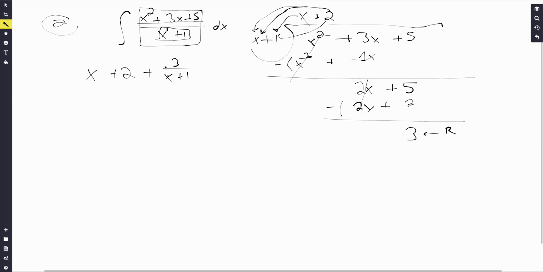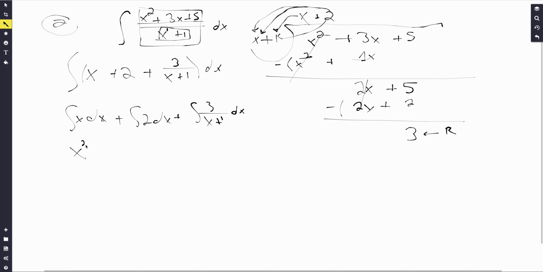So let's take the integral of this, and dx. Just treat these as separate integrals: the integral of x dx plus the integral of 2 dx plus the integral of 3 over x plus 1 dx. We should know how to do these simple integrals.